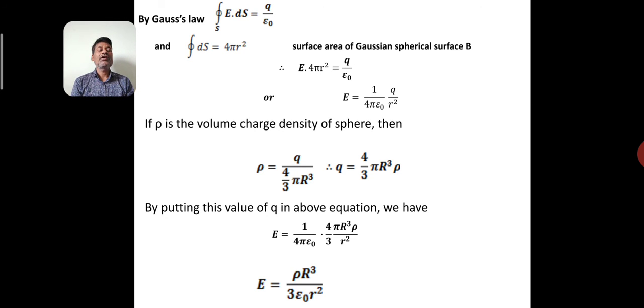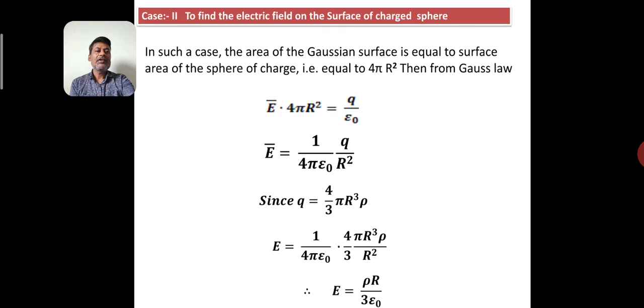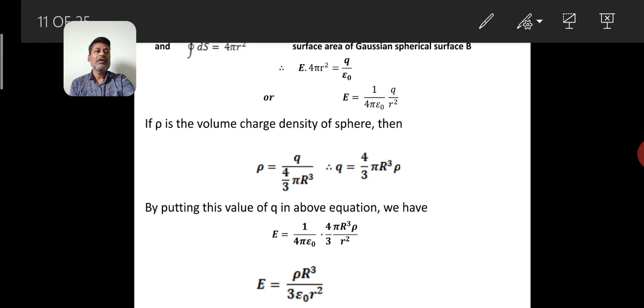So the integration of all such small ds is equal to 4 pi r square. This is the surface area of the Gaussian surface B. We put this value in the above equation, so we get E into 4 pi r square is equal to q divided by epsilon 0.